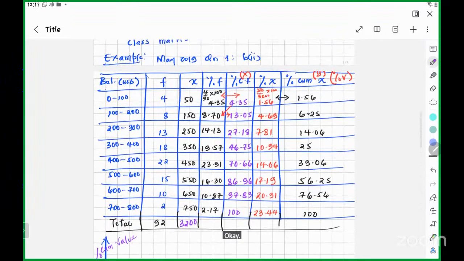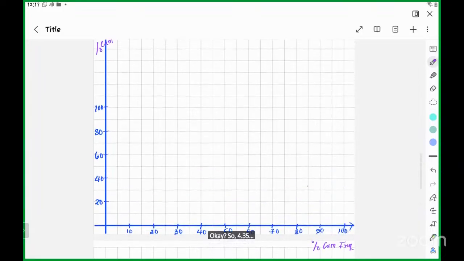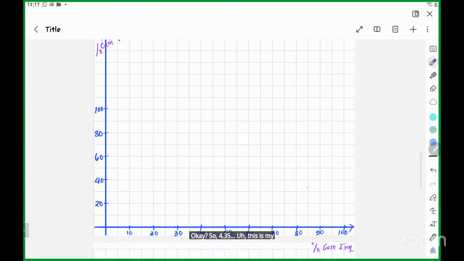You have to be really keen. So our X, we first read X, then Y. So we are going to read X as 4.35 and Y as 1.56. So 4.35, this is my 5.